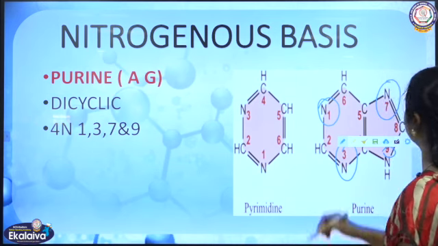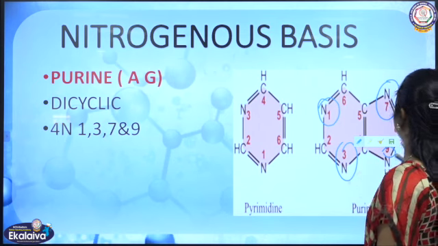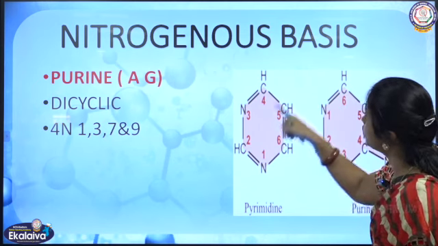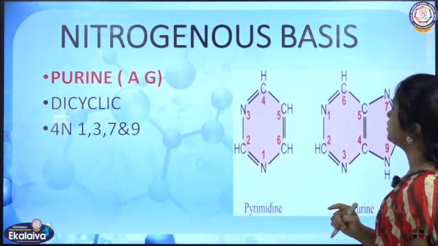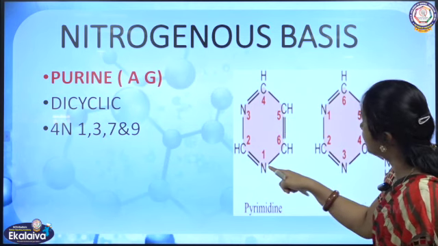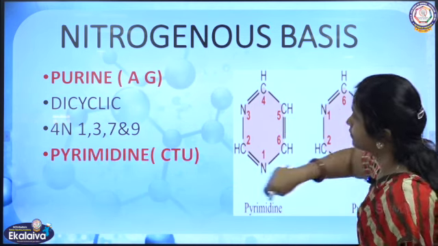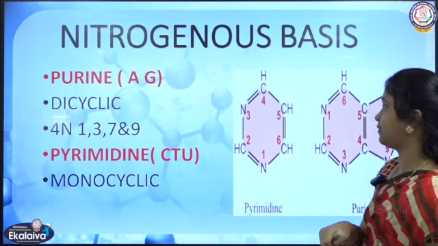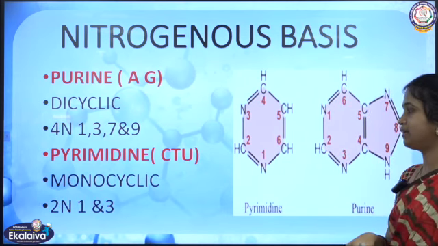Okay. So, these are all the places. The same way you can figure out where the nitrogen are in this, number 3 and number 1. Okay. And this is pyrimidine and it is monocyclic.